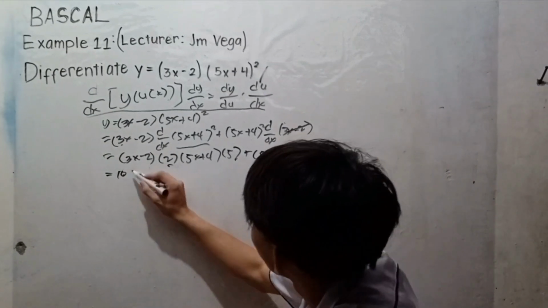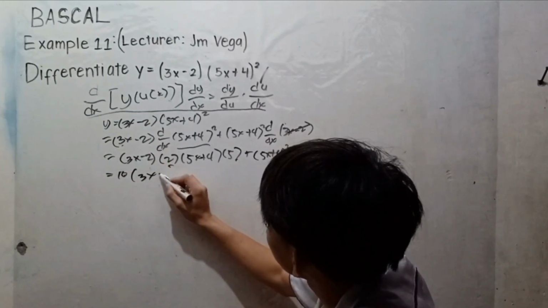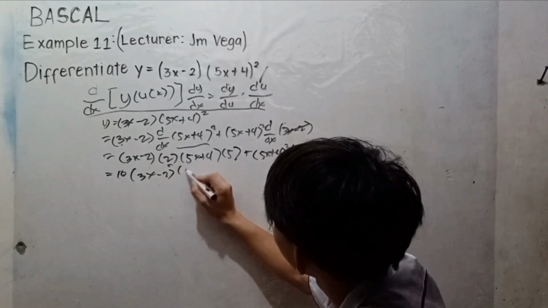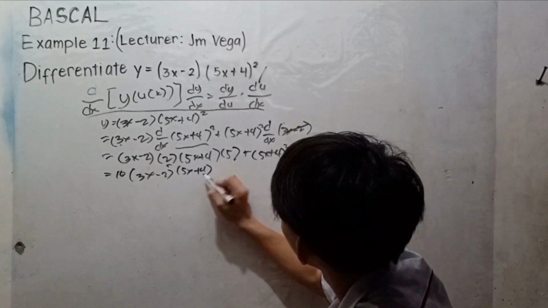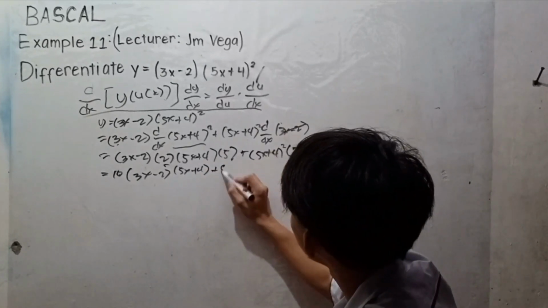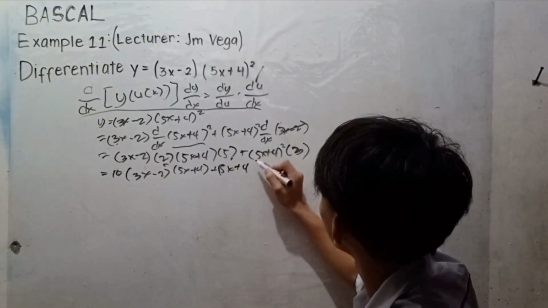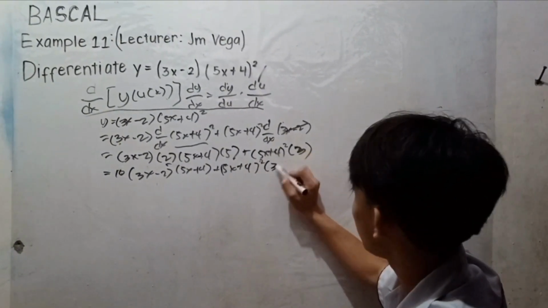And after that, we'll rewrite it: 10 times (3x minus 2) and (5x plus 4), plus (5x plus 4) squared times 3.